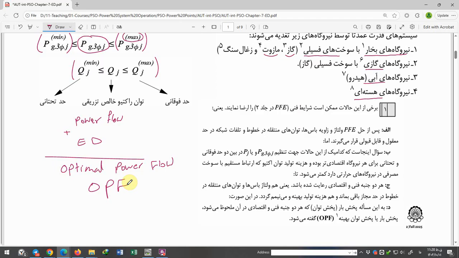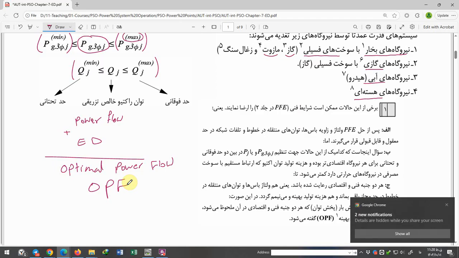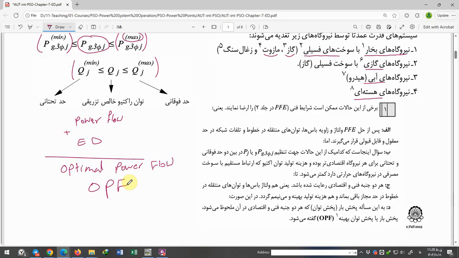The OPF means that you run power flow with the economic concern.